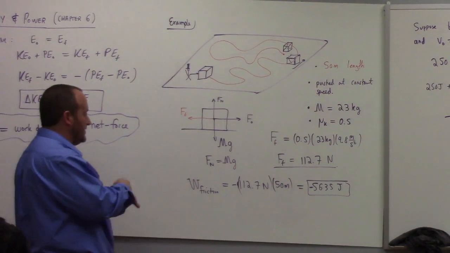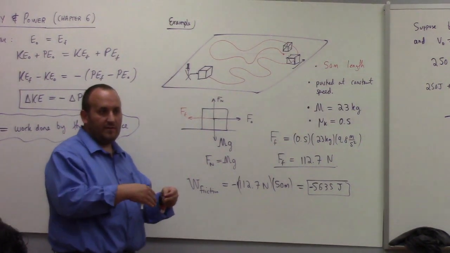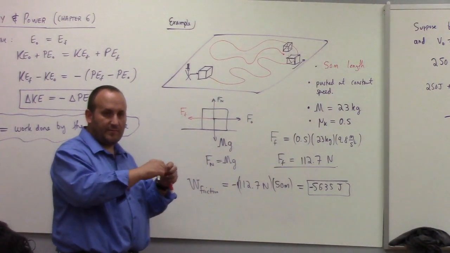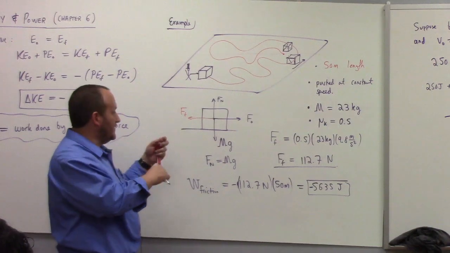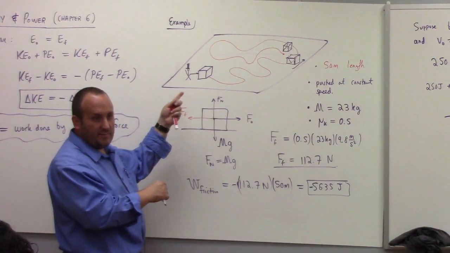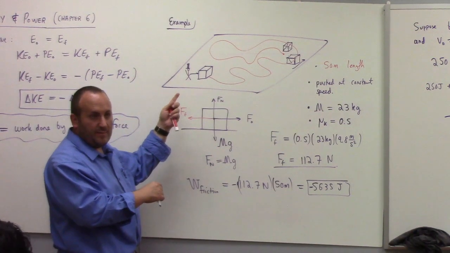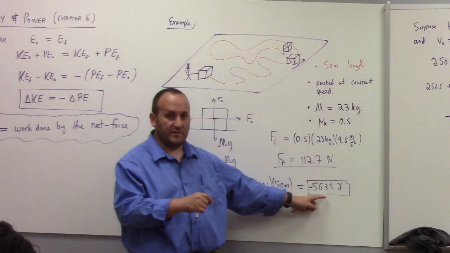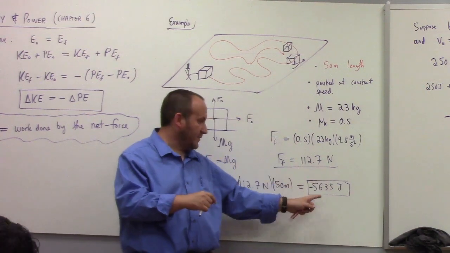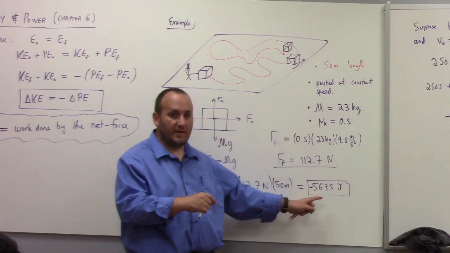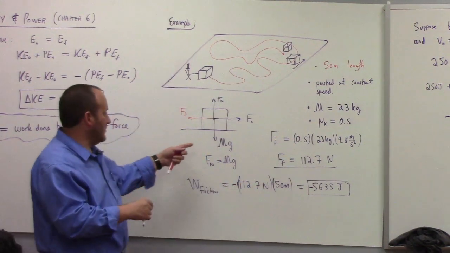So if I have multiple forces producing work, then the net work is the sum of the works done by each of the forces that are at play. Here, there's the work done by Mr. Top Hat, and there's the work done by friction. Mr. Top Hat does a positive work of 5,635 joules. The friction does a negative work of 5,635 joules, right? How about the normal force and gravity?